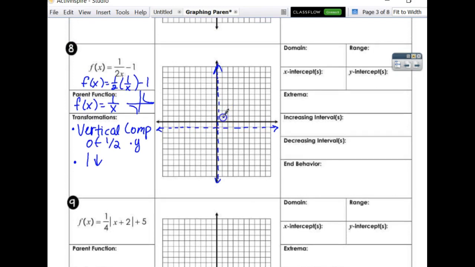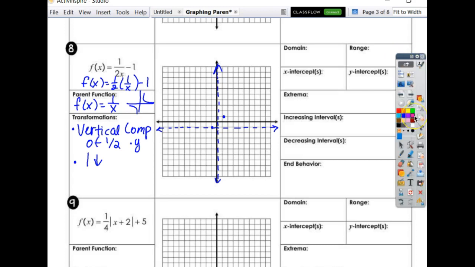So I'm going to have this point and this point. That's what we're shifting. So if I start at 1, 1, and I multiply the 1 by a half, because the y is a 1, that becomes a half.